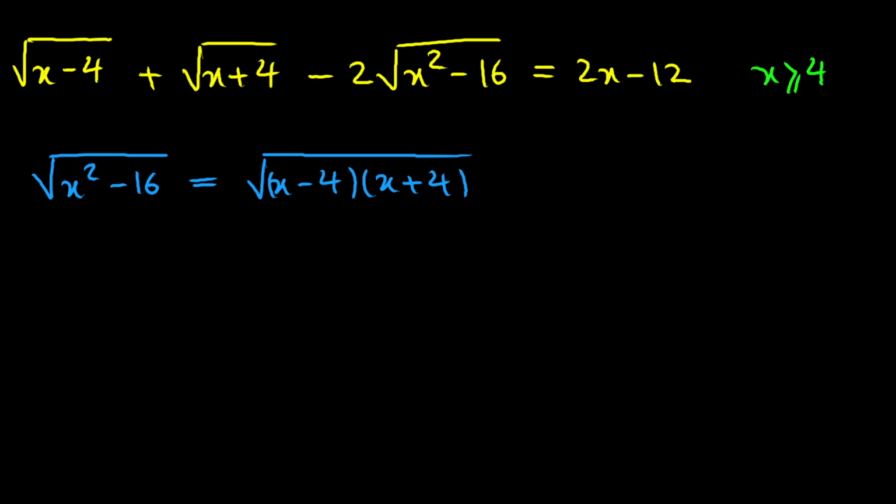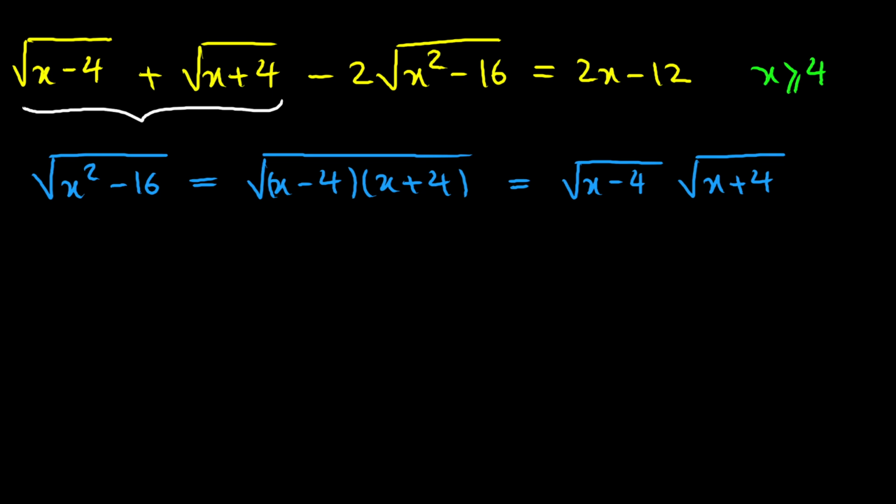Now, since x is greater than or equal to 4, I can go ahead and say that this is equal to the square root of x minus 4 times the square root of x plus 4.